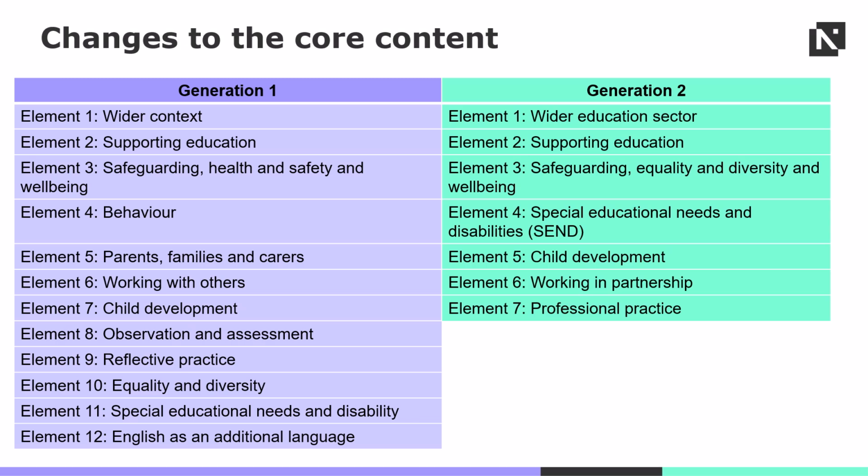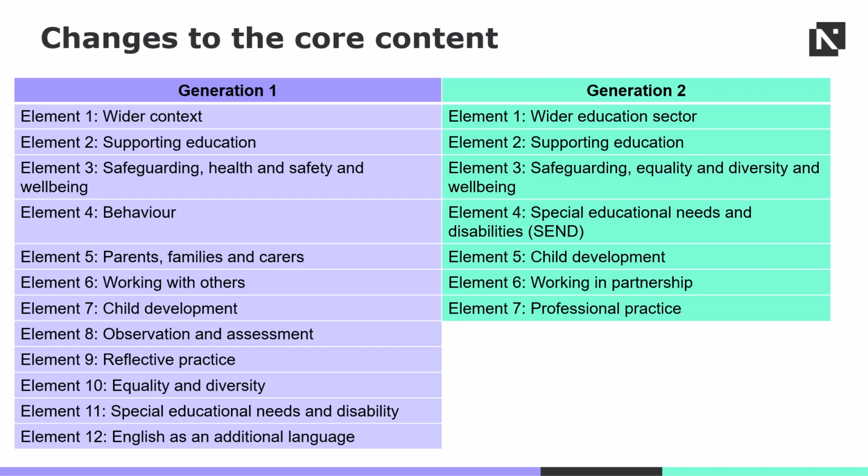For example, safeguarding health and safety and well-being in Generation 1 has evolved into safeguarding equality and diversity and well-being in Generation 2. Some examples of the changes are that equality and diversity, previously element 10, is now integrated with safeguarding and well-being.